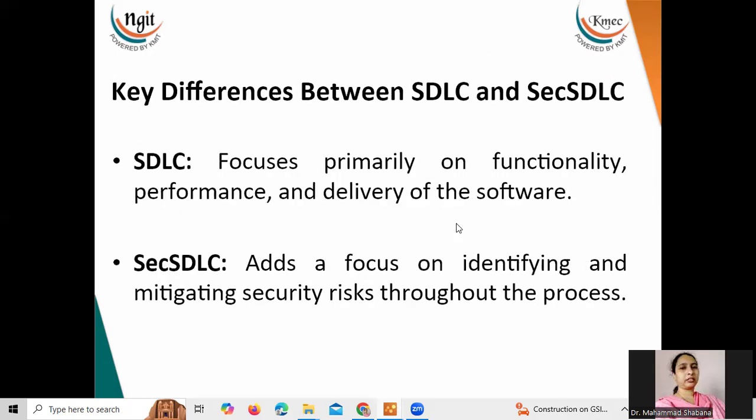The key difference between the SDLC and secure SDLC is that the latter emphasizes building security into the software from the beginning. Security considerations like encryption, access control, and vulnerability testing are integrated into every phase of the life cycle.